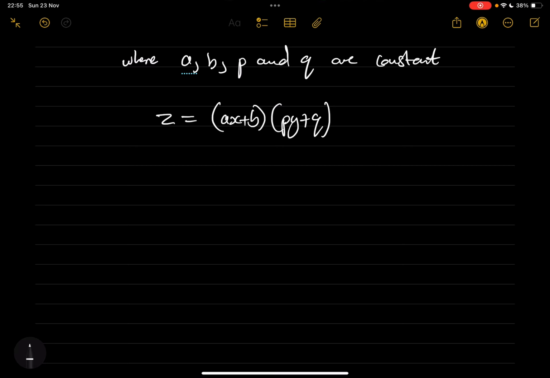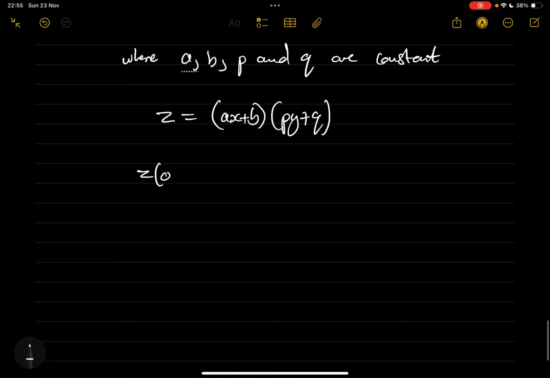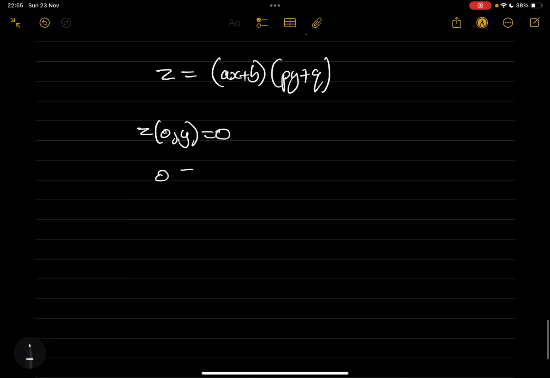From here again, we apply the boundary condition. We apply the first one where x is 0, z is 0. So ax is 0, so we're going to have b(py plus q).